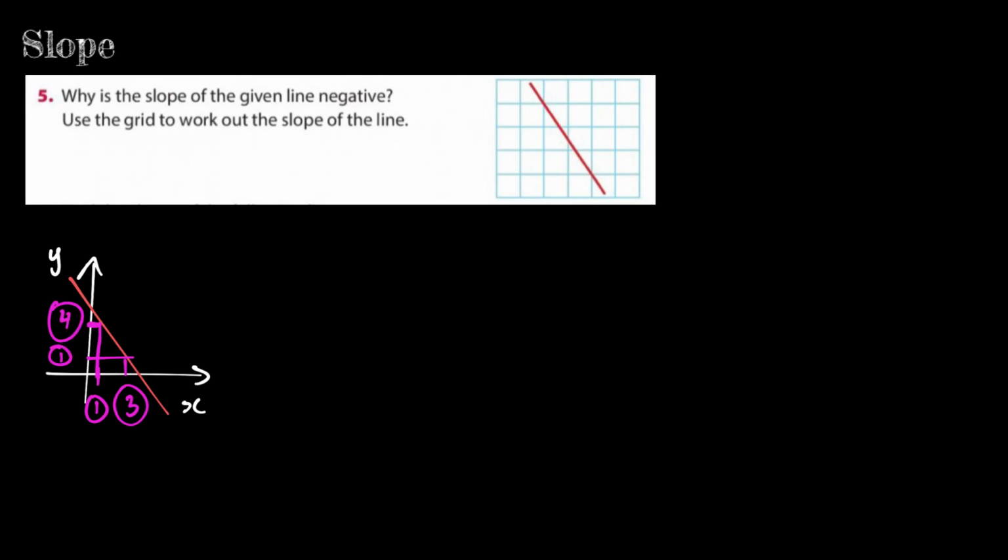Now, they want us to use the grid to find the slope of the line. So we're looking for the slope of this line here. We're going to use the grid to help us. I'm going to start off by picking points. If I find the corner of a box, then what I do is I run along the line till I find the next corner.